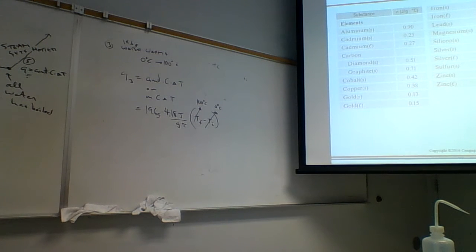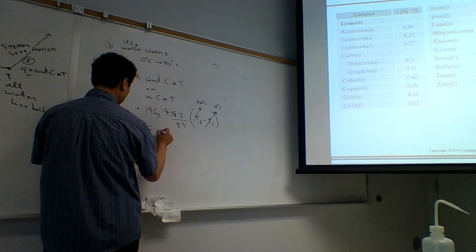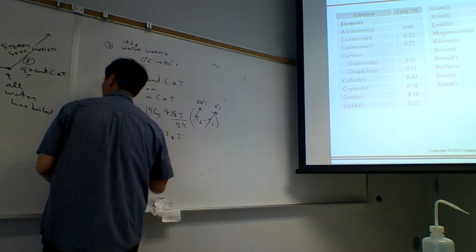The temperature change is plus 100 degrees C, so we're increasing the temperature of the water by 100 degrees C. So that's 19.6 times 4.18 times 100. It's going to give me 8,192.8 joules.